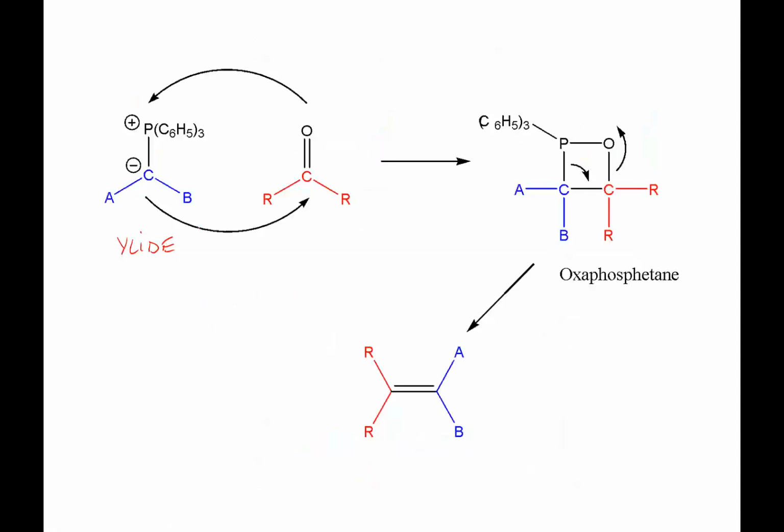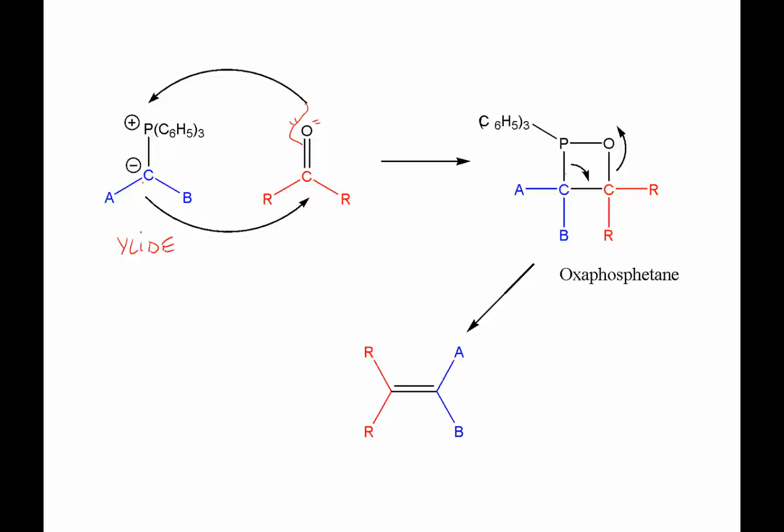So the ylide then reacts with the carbonyl, and it goes through a four-membered, four-sided intermediate. And so if you think about a pair of electrons, the CO double bond is used to make an OP bond.